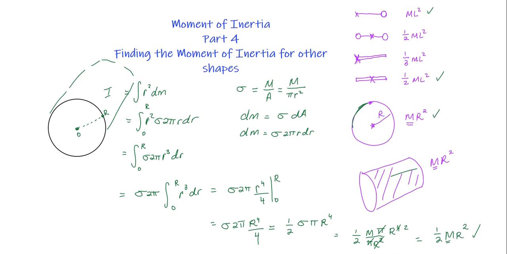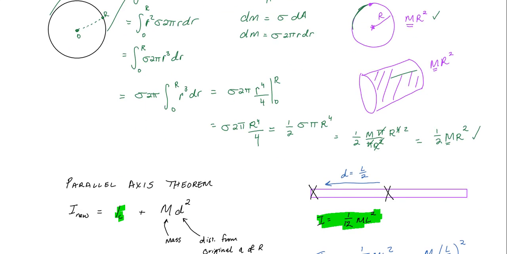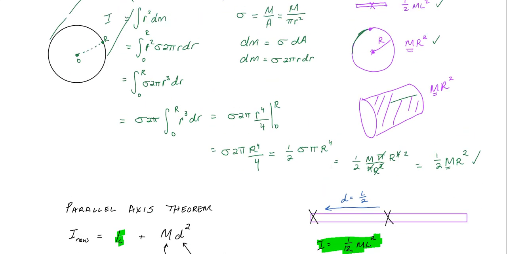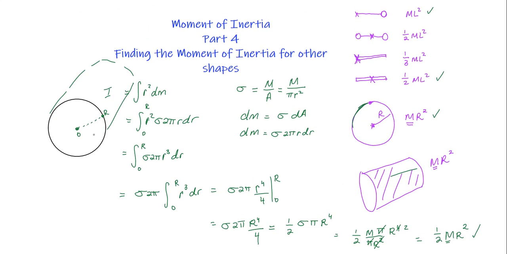You can do it with the disks and all of the other shapes too. So let's say instead of rotating it about its center of mass here, I want to rotate it about the edge over here. Well, I would be working with this extra piece here. So I have the moment of inertia about the center, and that was 1/2 m r squared.